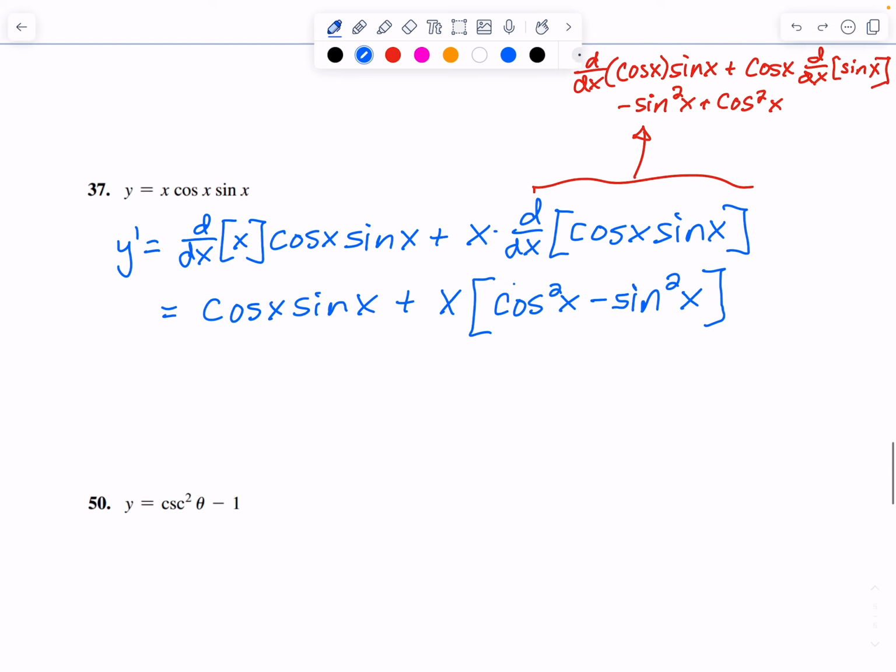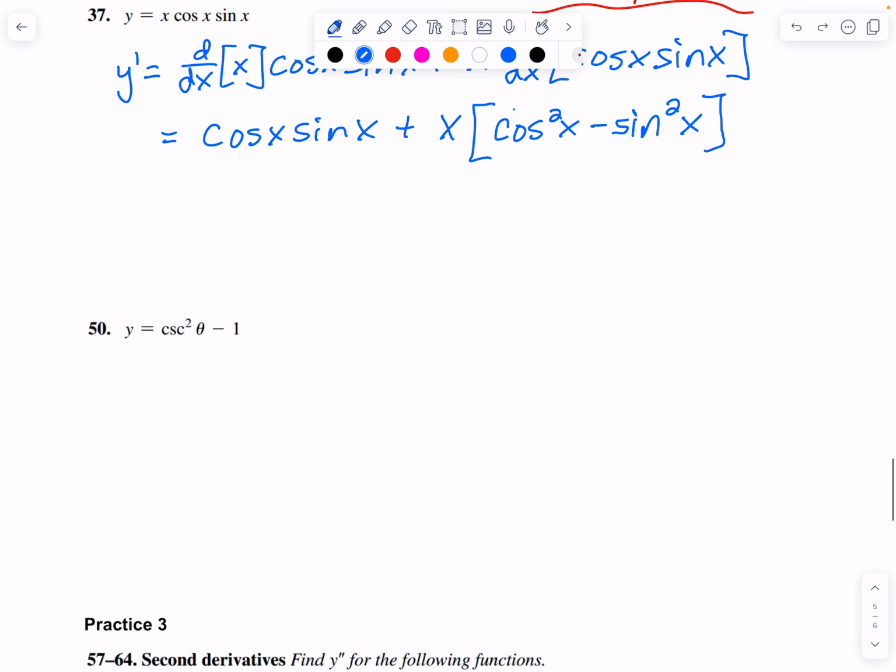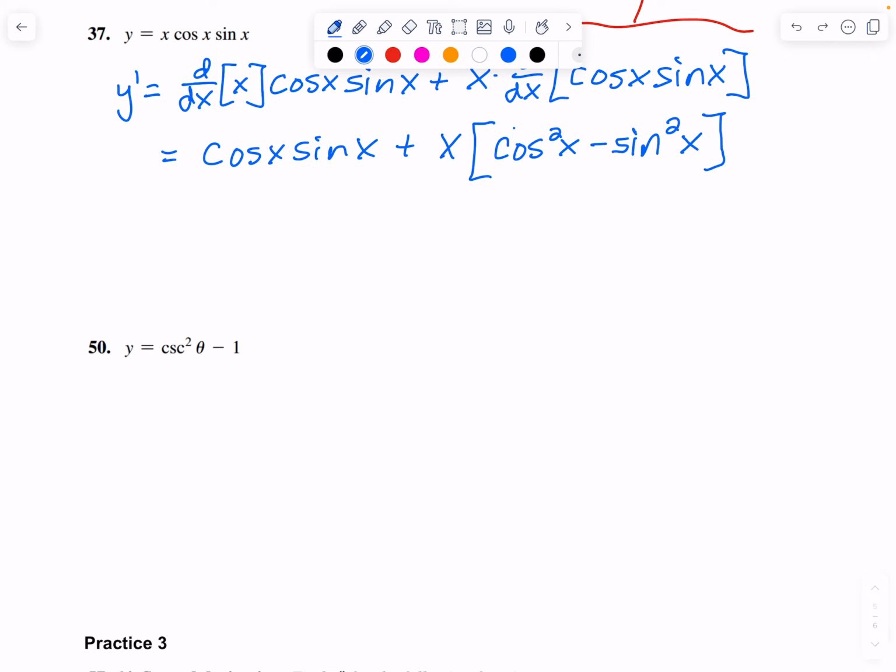All right, we have one last one here. Okay, cosecant squared. We're going to have to deal with this one. There's a trick to this, and my brain wants to go to the trick. But what this is, is cosecant theta times cosecant theta minus 1. So it's a product rule.